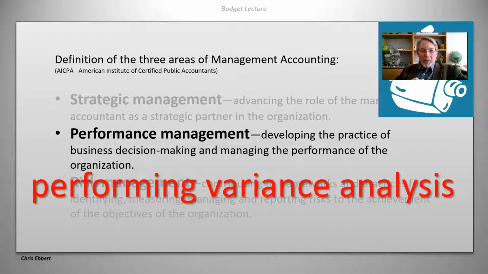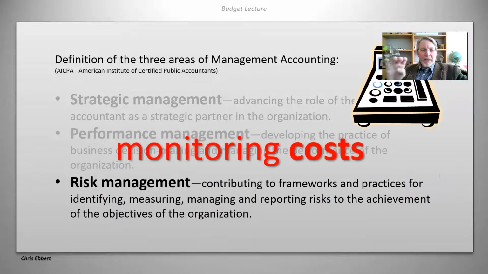Then there's performance management, which is about developing the practice of business decision-making and managing the performance of the organization. This is then used for a thing also known as performing a variance analysis every now and then. And then there's the risk management, which is all about monitoring the costs.